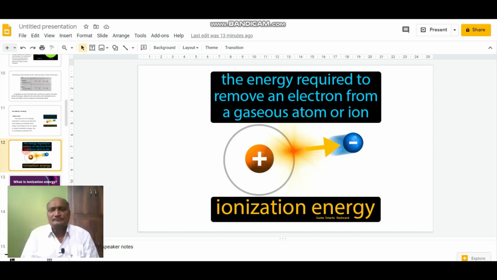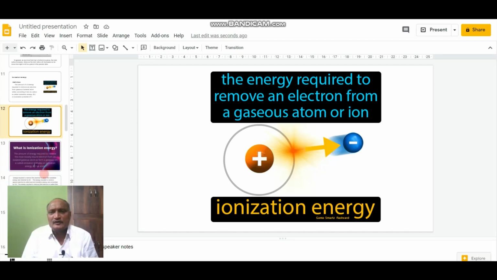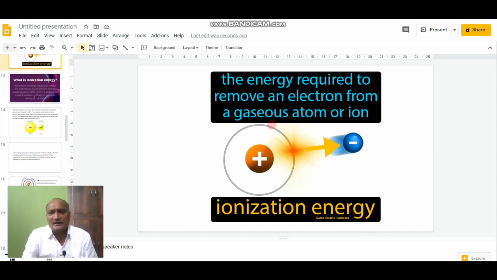What is meant by ionization energy? The energy required to remove an electron from a gaseous atom or an ion is called ionization energy. For example, here I have taken an atom, any atom it may be.